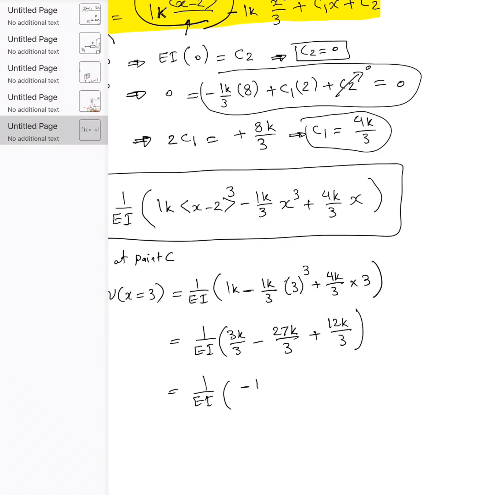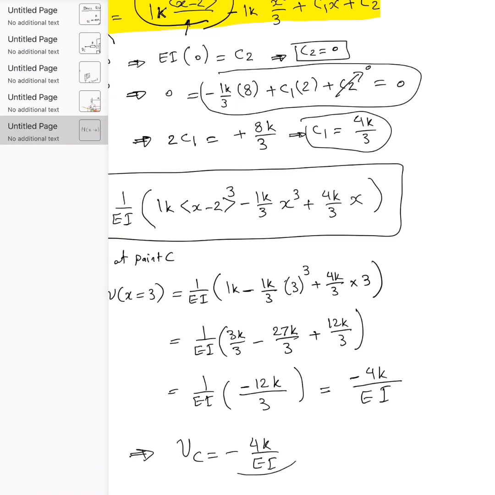So on top I get negative 12k divided by 3. Negative 12 divided by 3 is negative 4k over EI. So the answer to this question is that the deflection at point C is negative 4k over EI.